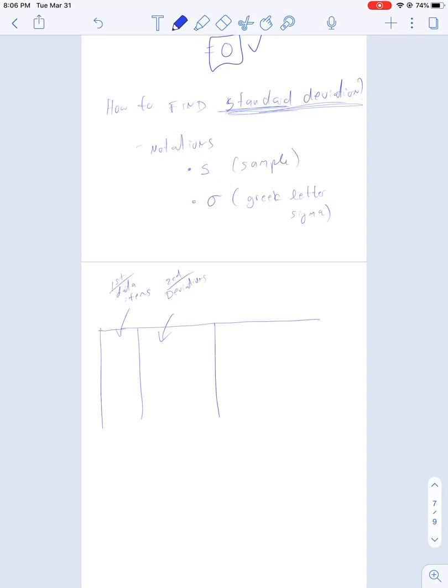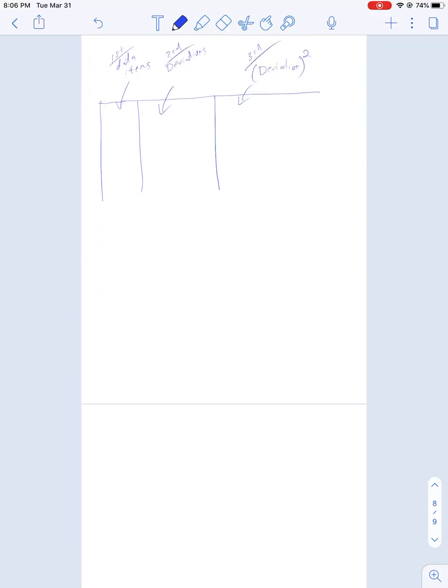And then third will be each deviation taken to the power of 2. So let's take a look. If our first is our data item, that's just x. Deviations, we subtracted your x from the mean. Now your third step is a deviation taken to the power of 2. So that is what we title them.